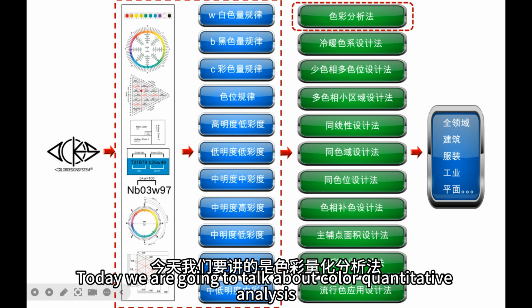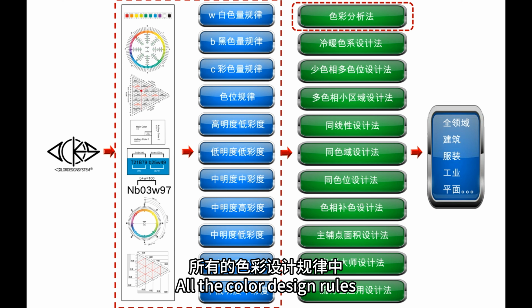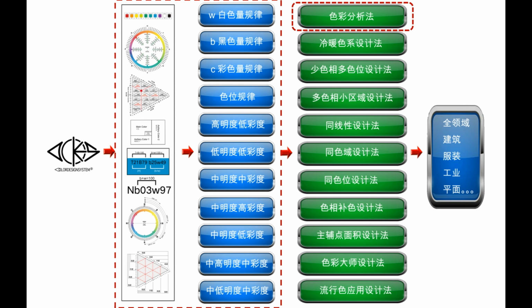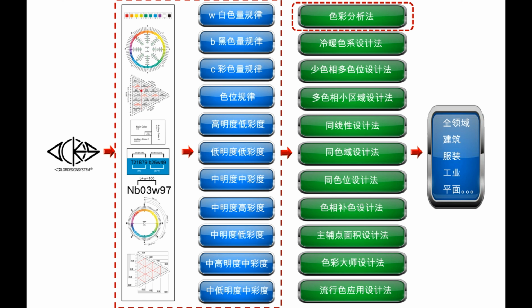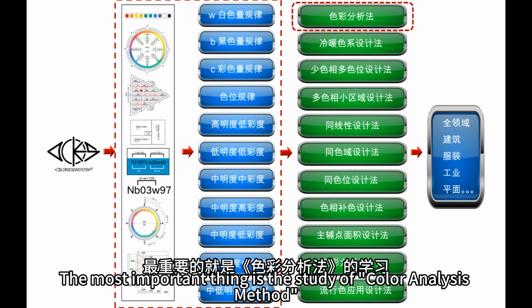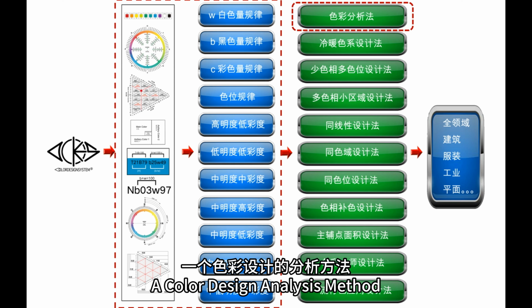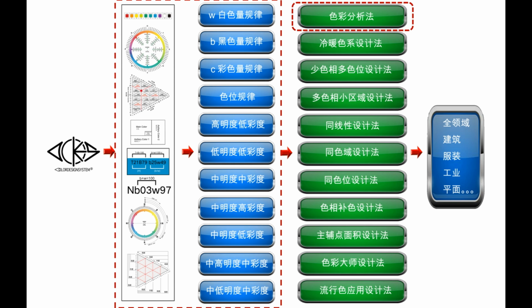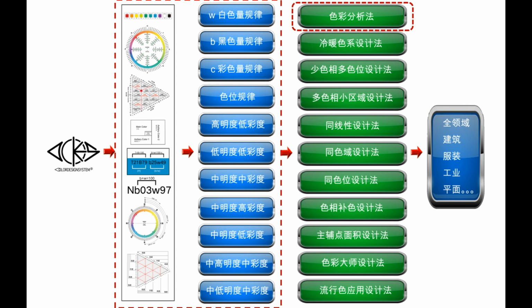Today we are going to talk about color quantitative analysis. Of all the color design rules, methods, and theory, the most important thing is the study of color analysis method. With a color design analysis method, you can understand the color design logic.